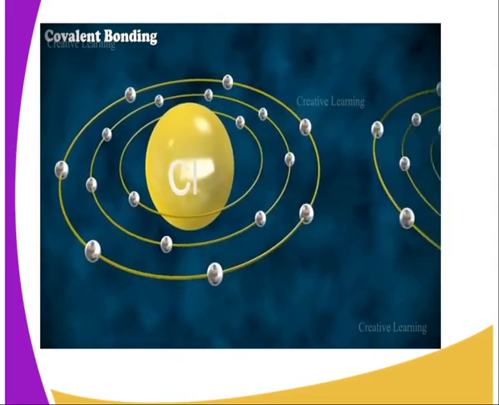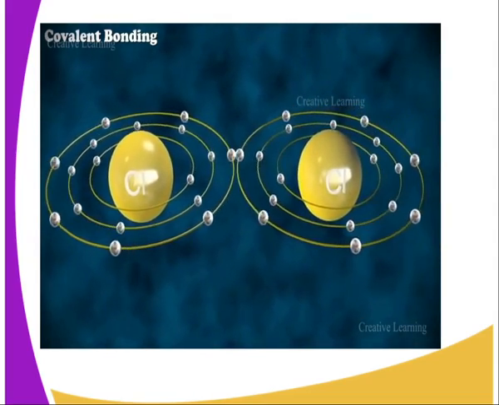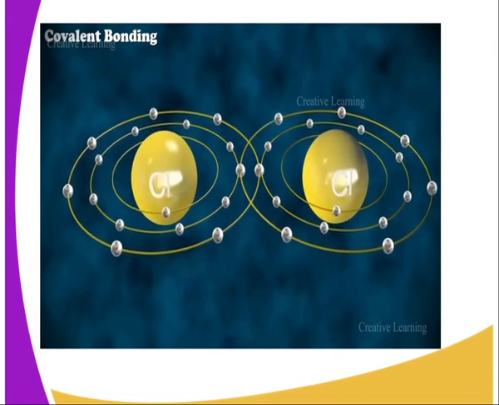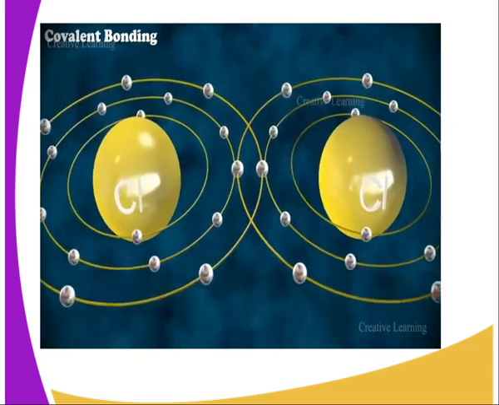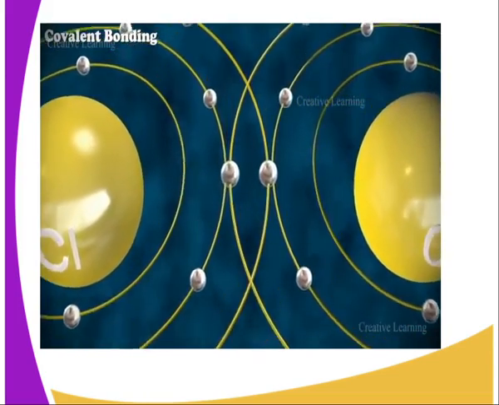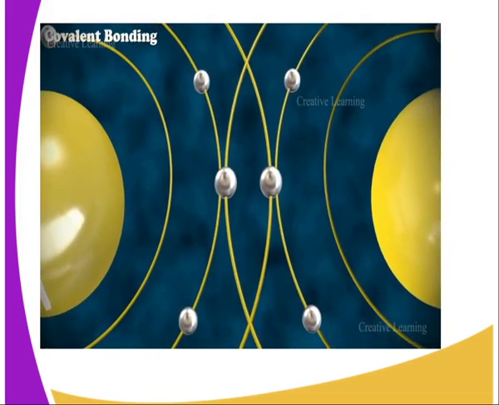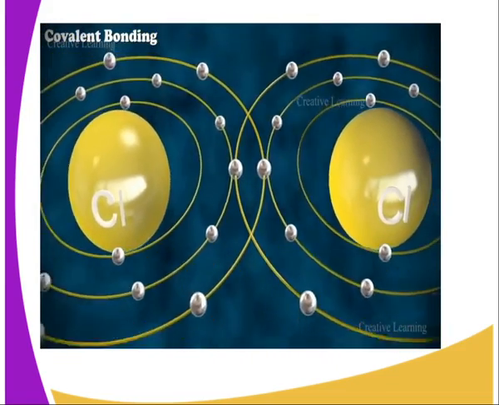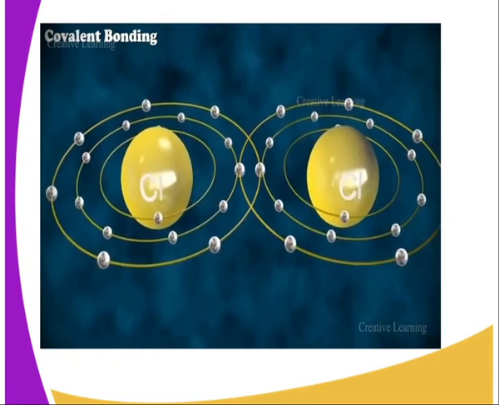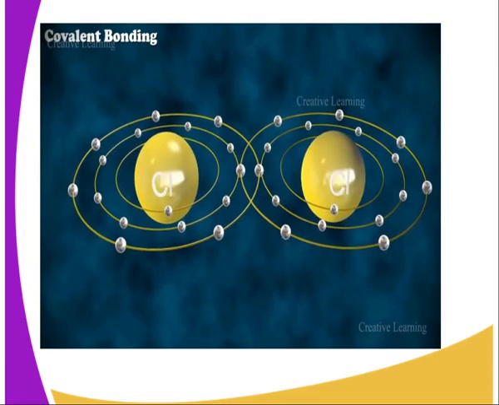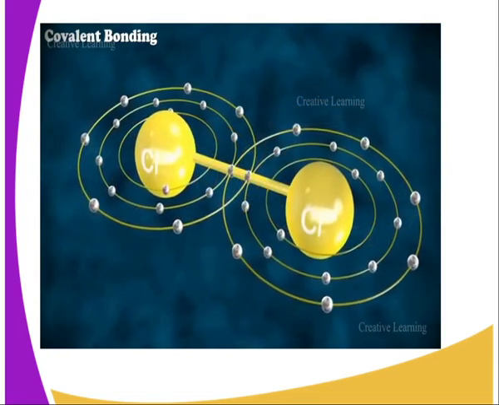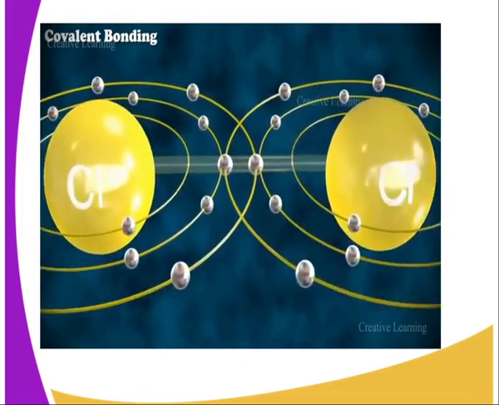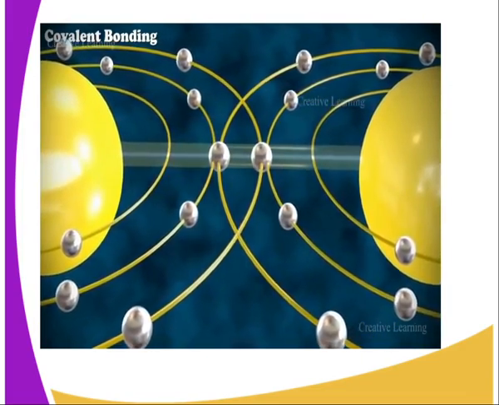Therefore it is not stable. It can't exist as an atom, and therefore it bonds with another atom of chlorine, sharing the outermost energy level electrons. By so doing, they exist as a molecule where we have a covalent bond between the two atoms. We can draw a line to represent the pair of shared electrons.